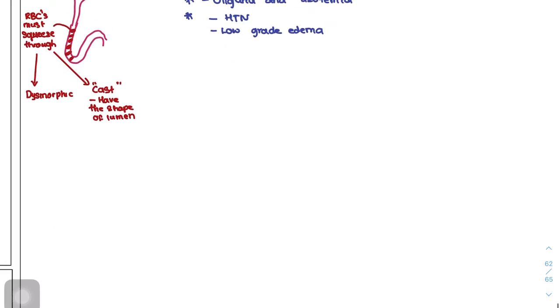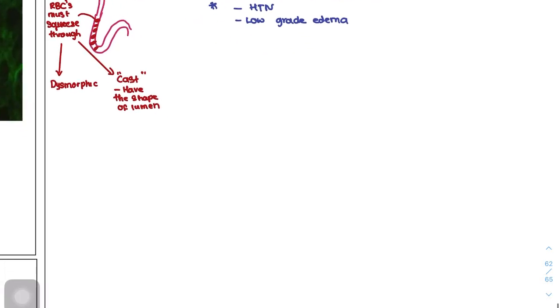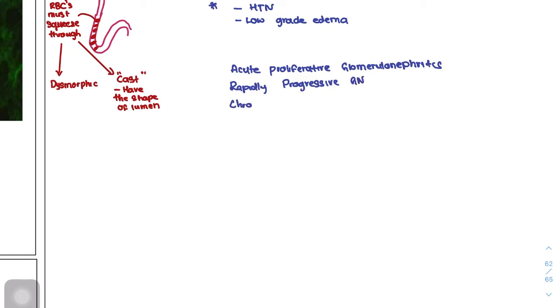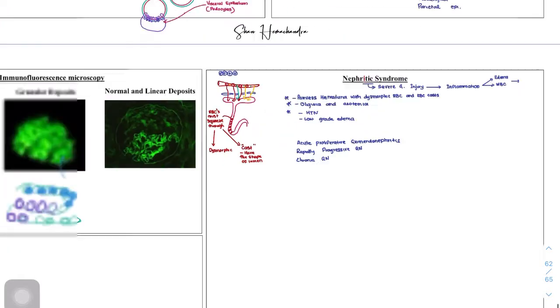And there are 3 types of nephritic syndrome. First one is called acute proliferative glomerulonephritis. Next, we have rapidly progressive glomerulonephritis, and finally chronic glomerulonephritis.